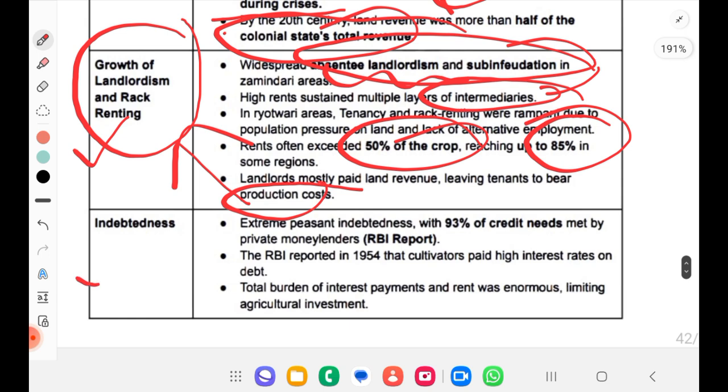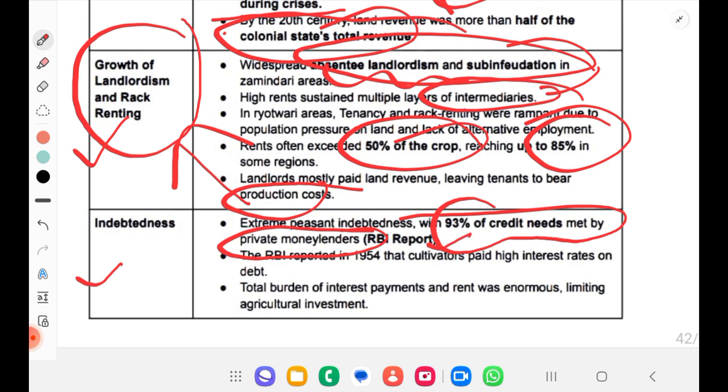Then we have indebtedness. So it is like more loans had been taken. Extreme peasant indebtedness with 93% of credit needs met by private money lenders. They used to give loans at a high interest rate.